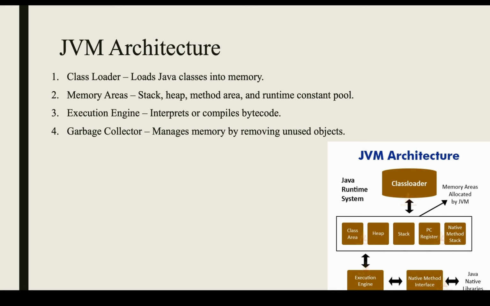Memory areas are the areas where data is stored in the form of stack, heap, method area, and runtime constant pool. Execution engines are the engines where the bytecode is compiled or interpreted. Garbage collector is used to remove the unnecessary or unused objects.